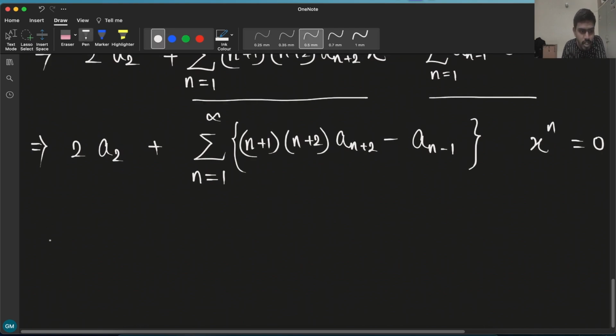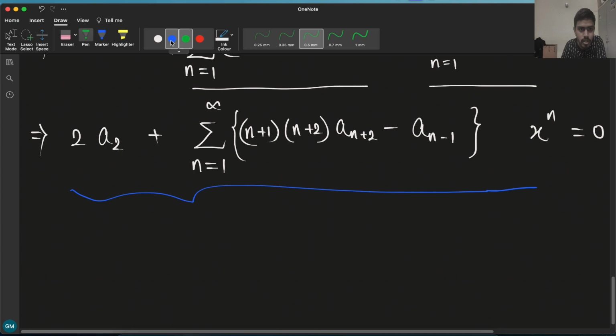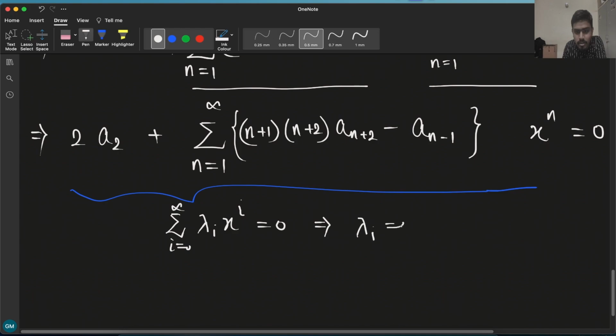And from here we can see that all the coefficients will be 0. This is because, let's say, if the sum over lambda_i x to the power i, i equals 0 to infinity, equals 0, it implies all the lambda_i's are 0.